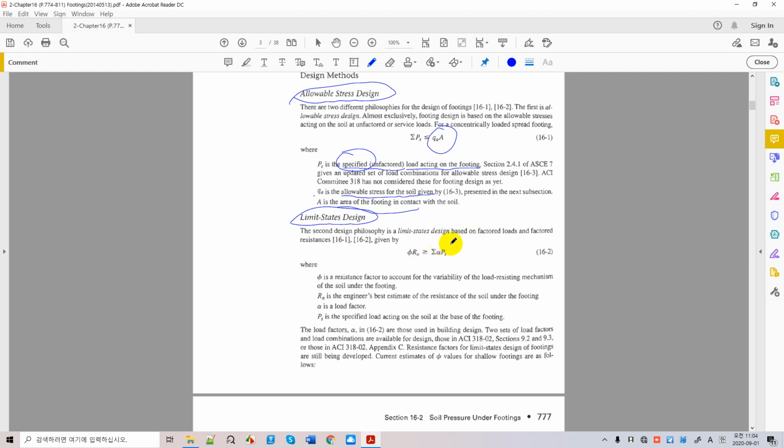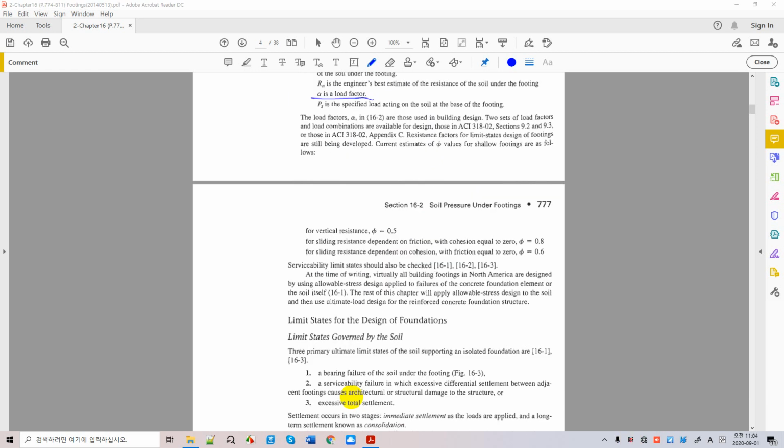Whereas we have a load factor alpha, and we have a phi factor, which is the capacity reduction factor or resistance factor, to account for the uncertainty of the loadings.